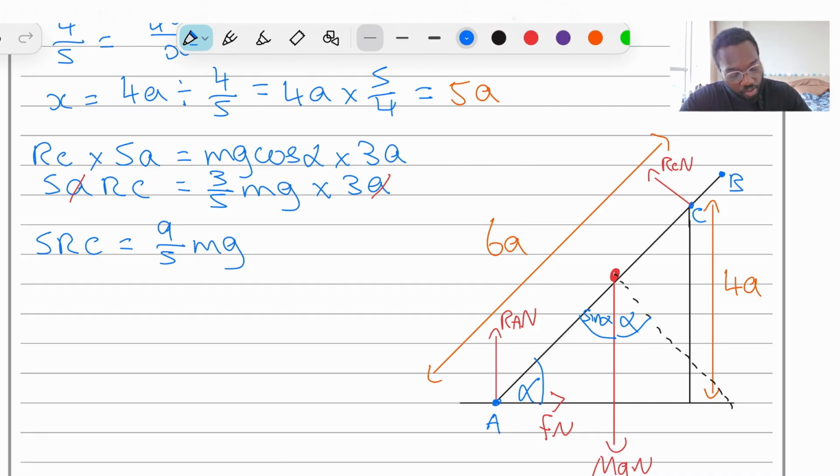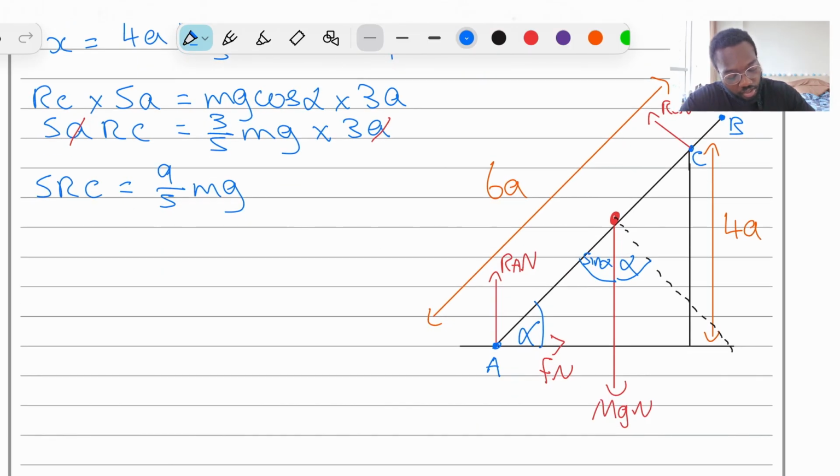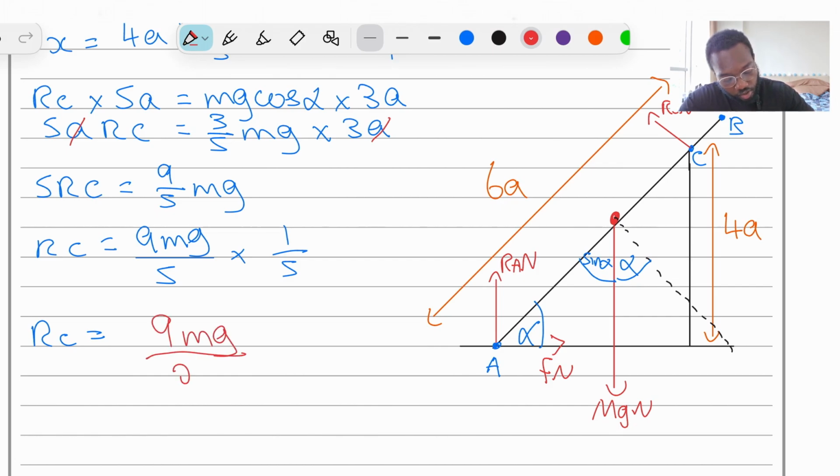And then RC is going to be equal to 9mg over 5, and that is divided by 5, so that's the same as times by 1 over 5, which makes RC equal to 9mg over 25.